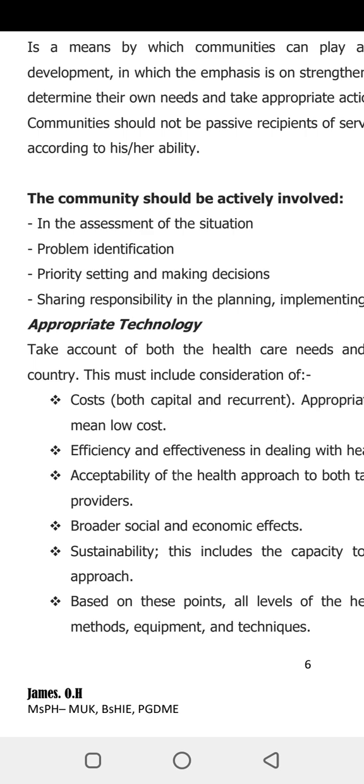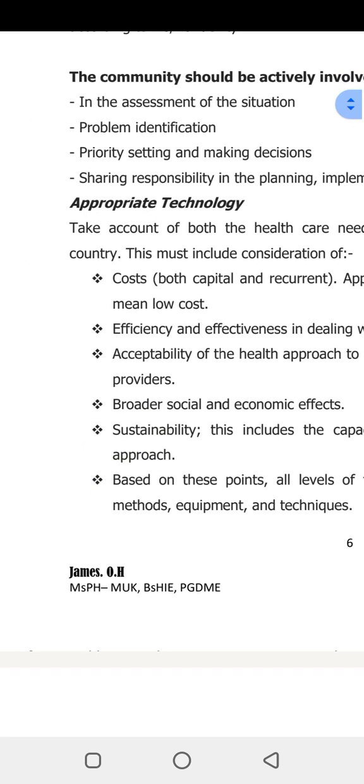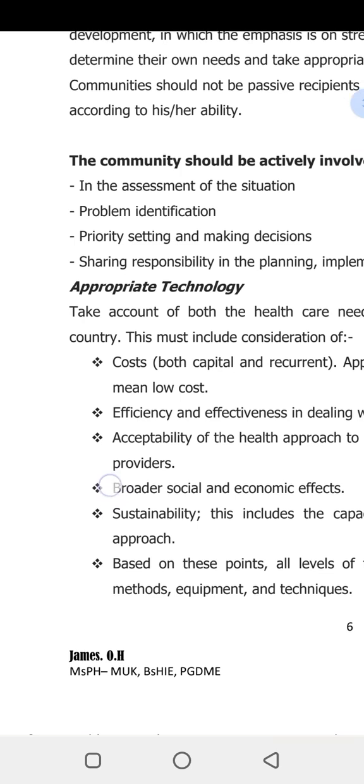For instance, if we are constructing hospitals or schools, we can engage the members themselves to come out with bricks. We can tell them, there are trees where you can help us with poles. And by doing that, we're trying to save resources. So we continue.